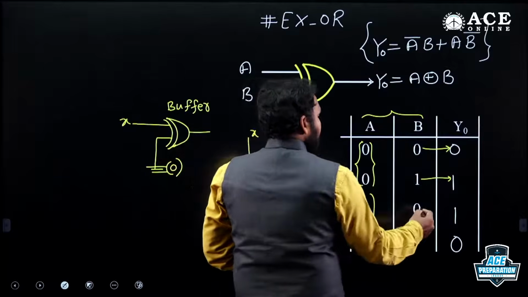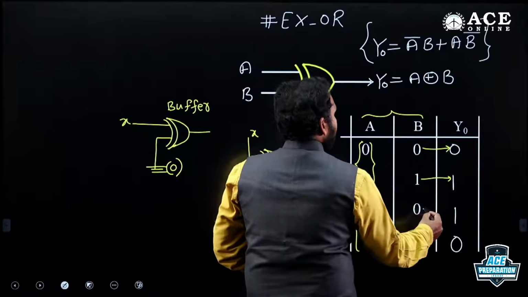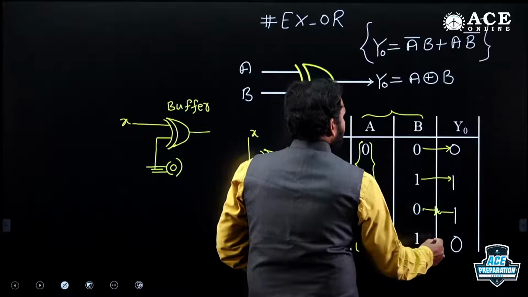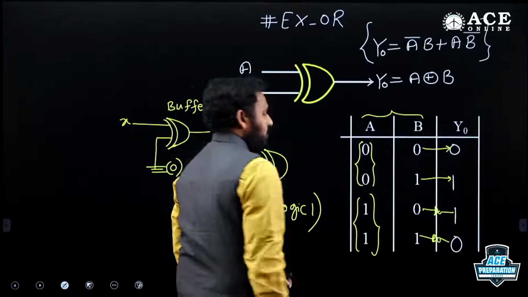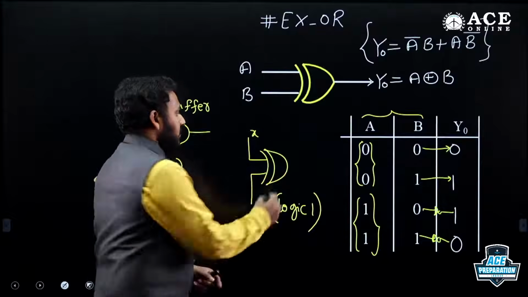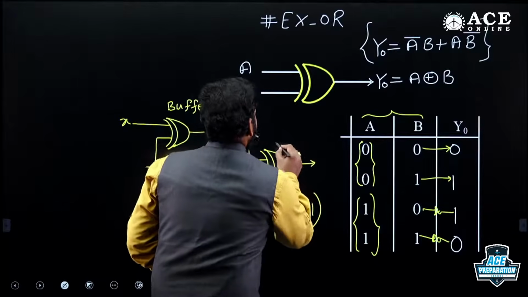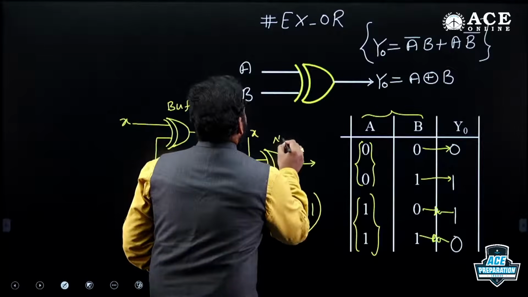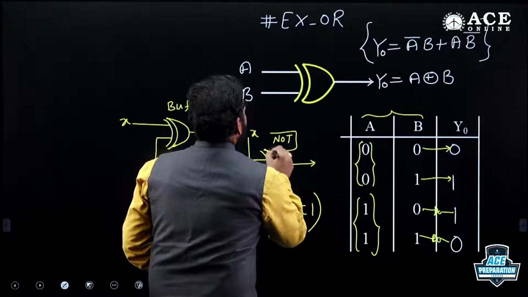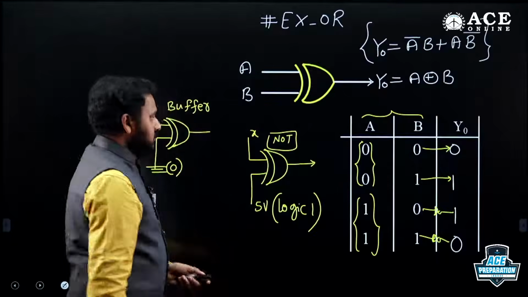See, my dear friends, 0 input, its complement is 1 output. 1 input, its complement is 0. So, if one of the inputs is 1, the XOR gate is acting as what? Inverter or NOT gate. It is just behavior, okay? You write inverter, or NOT gate.